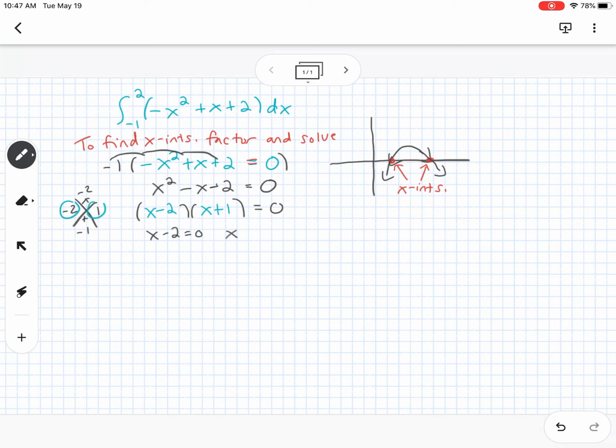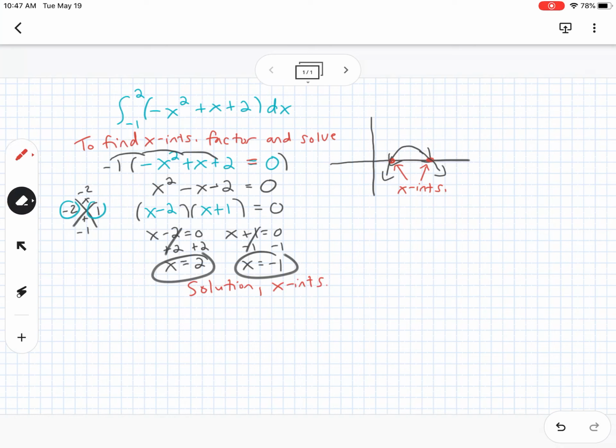Each one is going to be equal to 0, and then we'll solve for x and get these two. These are the solutions, or the roots, or the x-intercepts, or the zeros. So that's going to help make this graph a little bit more accurate.